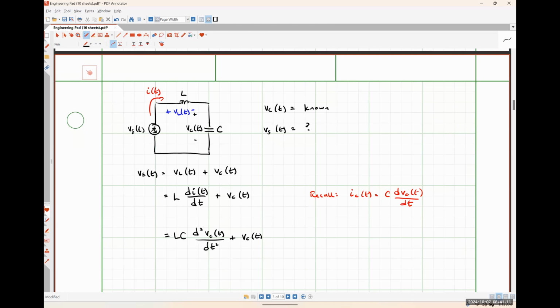So let's look at another one. This one is going to be similar to homework 12, problem 5.